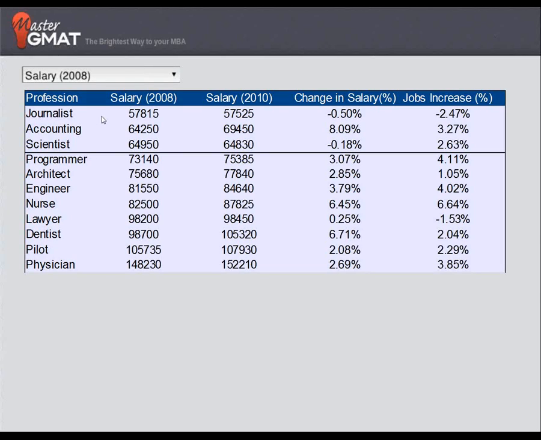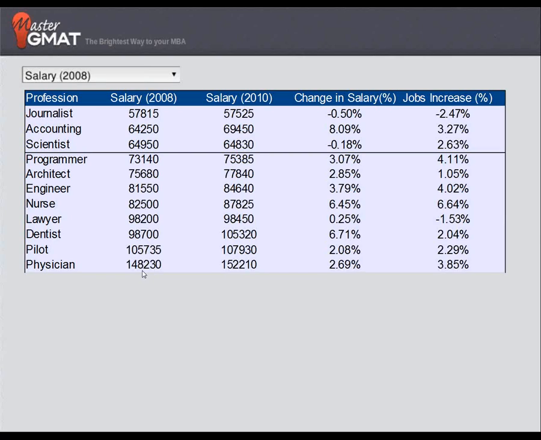Instantly, presto, it's there. Now the table is sorted in ascending order. You've got the journalist at the top earning a meager $57,815 per year, and you've got the physician at the bottom earning a whopping $148K.